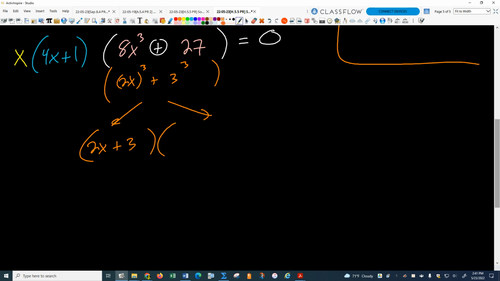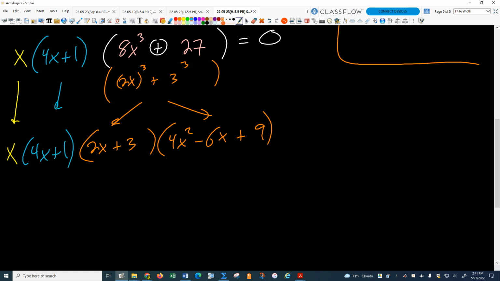What's my a squared? 4x squared, right? Because I'm squaring 2x. So I get 4x squared minus 6x. A times b, 2x times 3, is 6x, plus 9. There you go. Okay, and then we'll bring down these other guys to join those factors. Okay, and there it is.